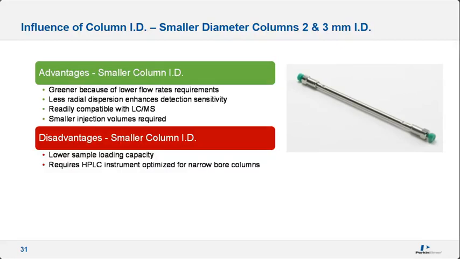They are readily compatible with LC-MS, and they generally require smaller injection volume. However, there are some disadvantages to smaller column IDs, including lower sample capacity and the requirement of an optimized HPLC instrument for narrower columns.